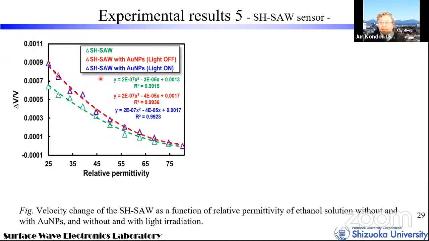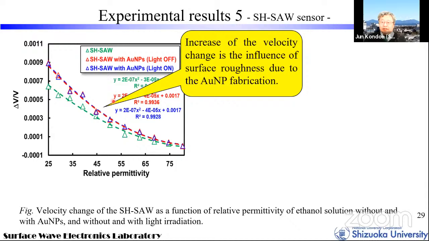There's no difference between the light off and light on case. Therefore, there's no interaction between the LSPR and SHO. However, we found increased sensitivity with and without the nanoparticles. That is, the increase of the velocity change is the influence of the surface roughness due to the nanoparticle fabrication. Why does such a sensitivity increase occur?